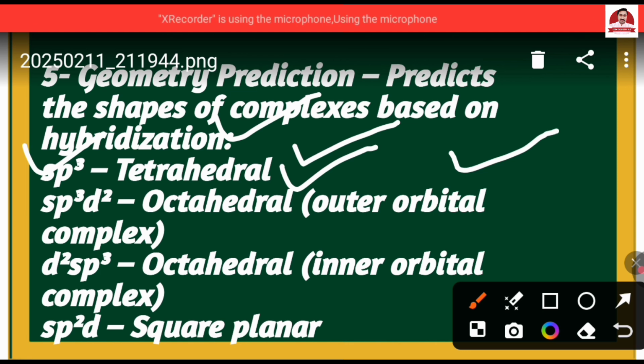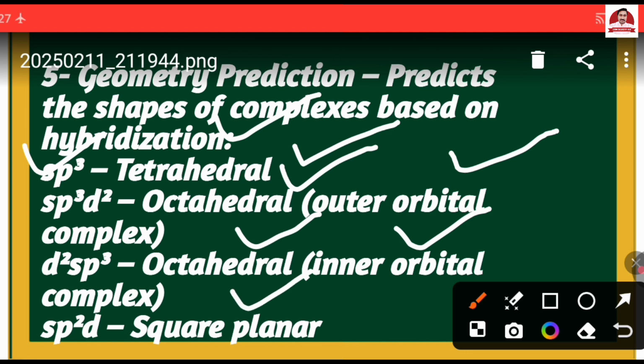And if the hybridization is d2sp3, then it is octahedral but an inner orbital complex. And if the hybridization is sp2d, then the geometry is square planar. So on the basis of hybridization, VBT explains or predicts the structure of the molecule or the complex.